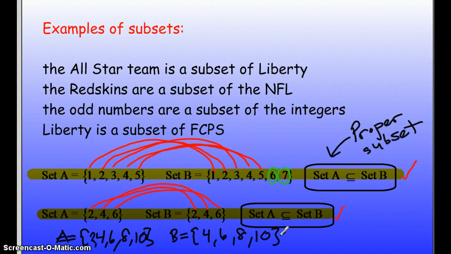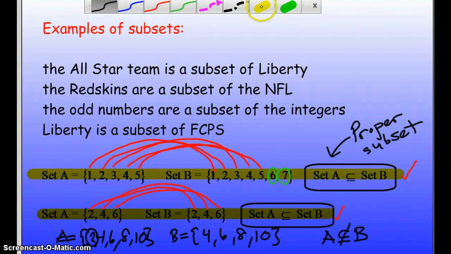Yes or no? And the answer would be no, because although almost everything in set A is in set B, this 2 is in set A, but it's not in set B. So therefore, this is not a subset of this. When something is not a subset, we use the same subset symbol with the slash through it. Okay, so that's how we would handle that.